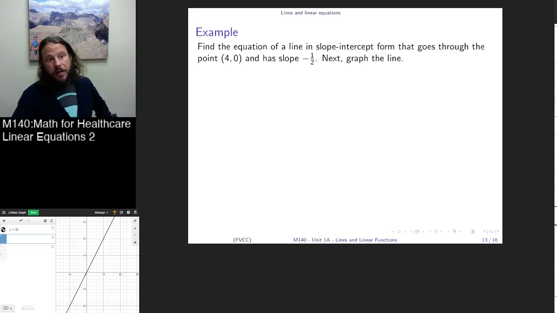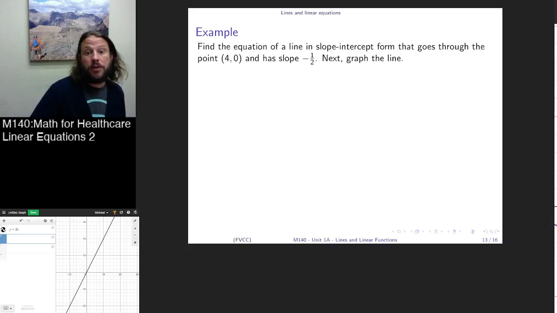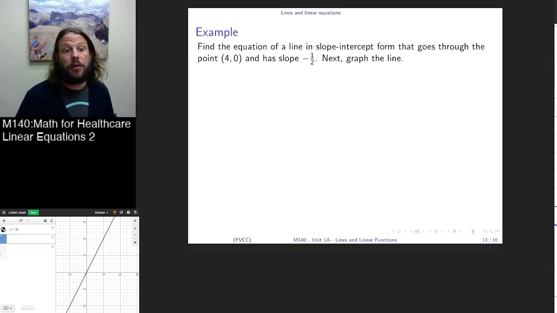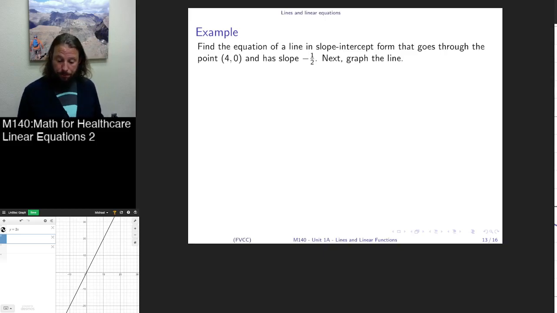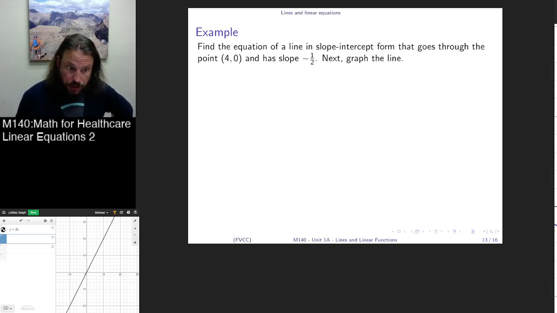Last video we did an example where we took 2 points and found the slope-intercept form. Now we want the equation of a line in slope-intercept form that goes through the point (4, 0) and has slope negative 1/2. And then we want to graph that line.